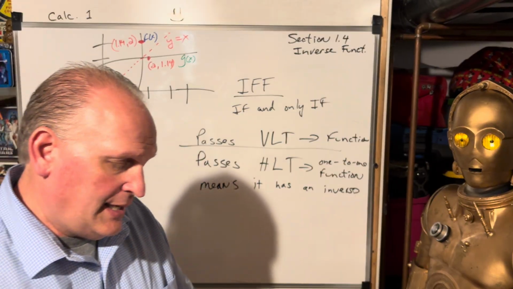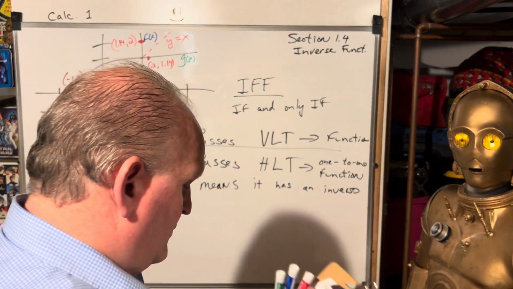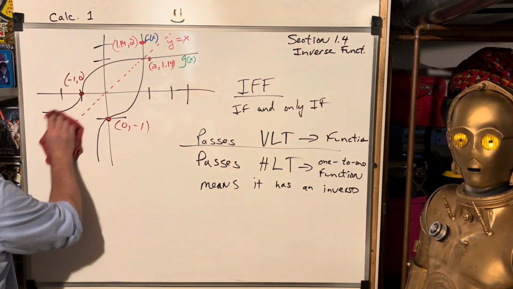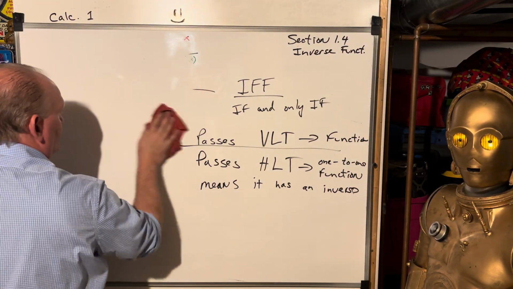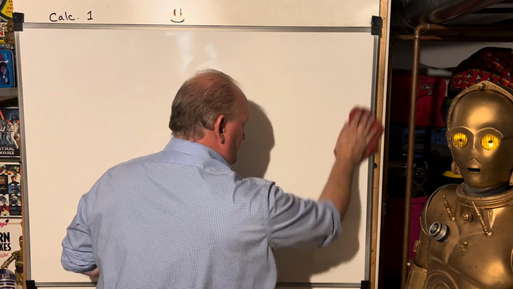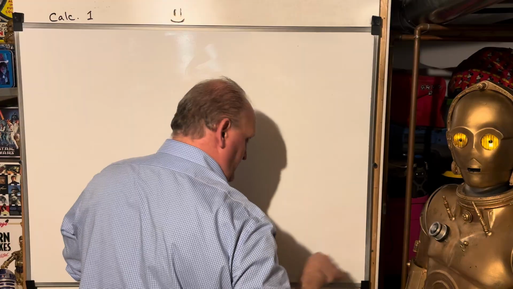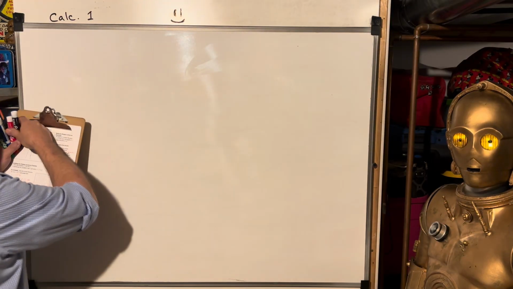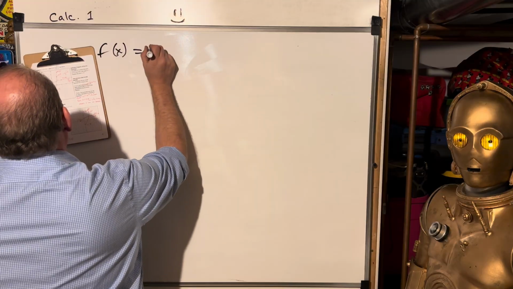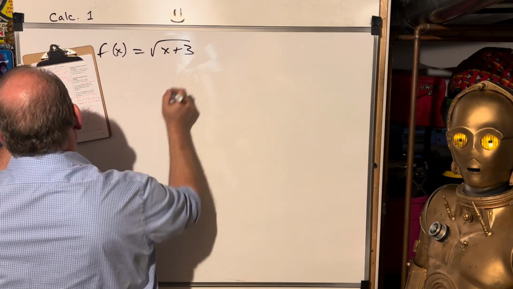All right, let's look at this one and find its inverse. Oh boy, and do a graph. So f of x is defined as the square root of x plus 3.